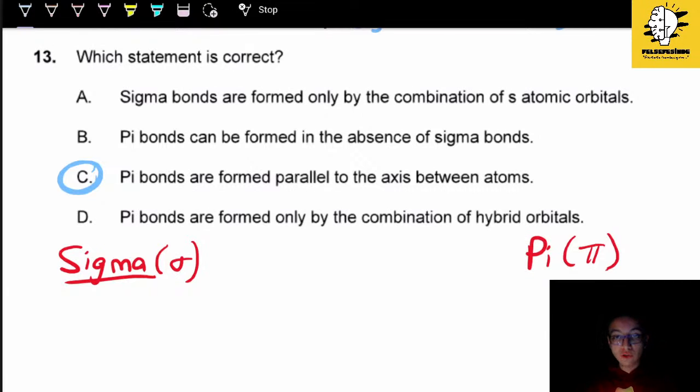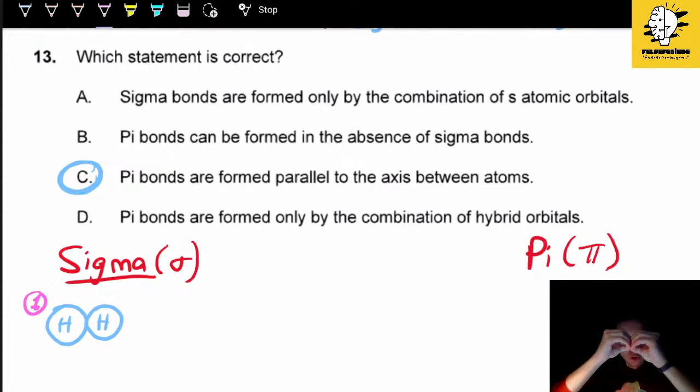And we have to remember that this is a head-on overlapping, meaning that if we have, for example, two s orbitals, just like hydrogen, because hydrogen is only an s orbital. This is the first case we may have for sigma bonds. Do you see how they head-on bang like this?